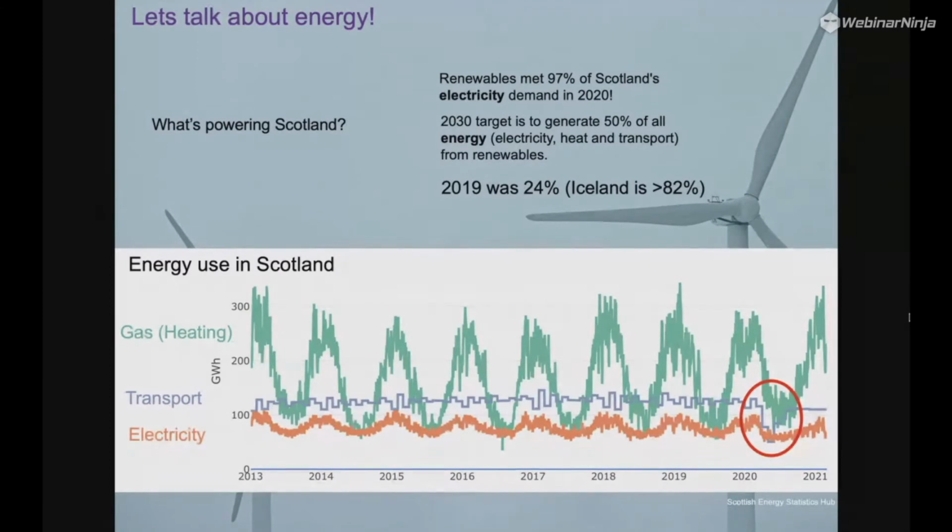And geothermal has a major role to play in heating. To put it in context, Iceland is the world leader for total energy being supplied by renewables, at 82%, where they've only really got their transport sector left to decarbonize.